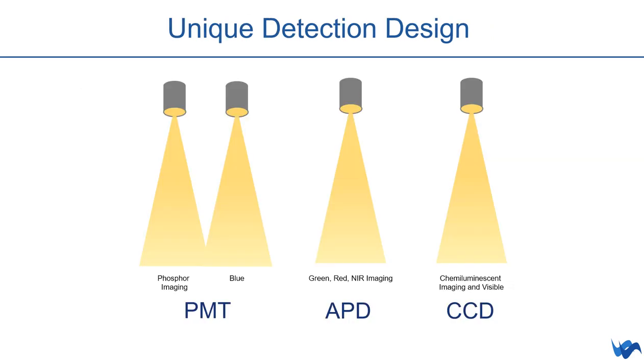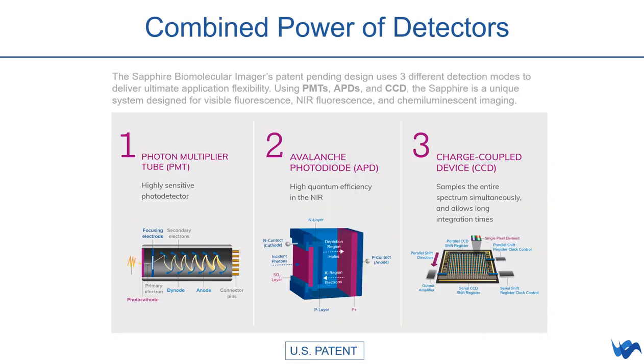The unique thing about the Sapphire is that we have 3 detectors in one machine. We have installed a photomultiplier tube, we have inside an avalanche photodiode, and we also have a true CCD camera with a true CCD chip for chemiluminescence inside. We already have a patent in the US on this technology.